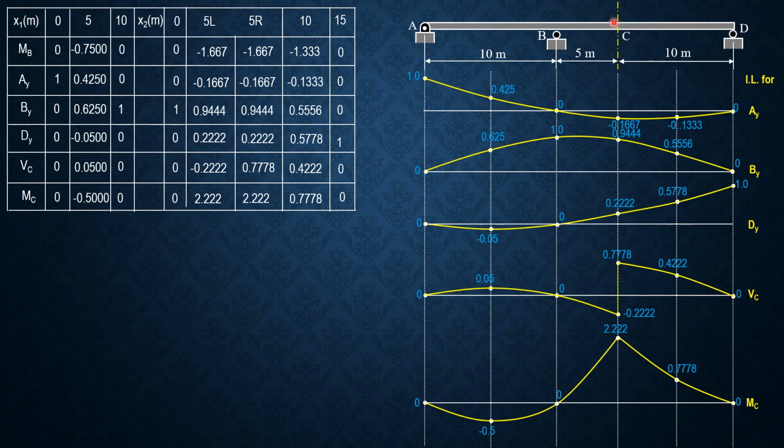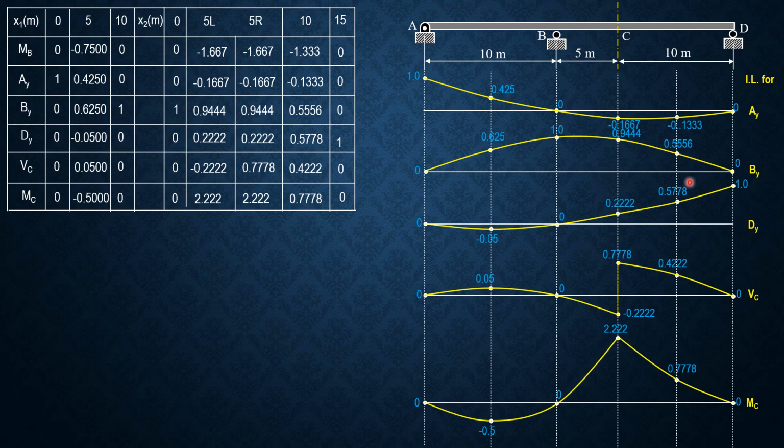Although you can simply solve for AY at positions here, 5, then at C, then at this position here, you may not present or derive general expressions for these response functions in terms of x1 and x2, but it's better to have it that way because you will have two solutions to be presented and verified when you're asked to compute for a maximum value, for example, for BY, for M sub C, or whatsoever.